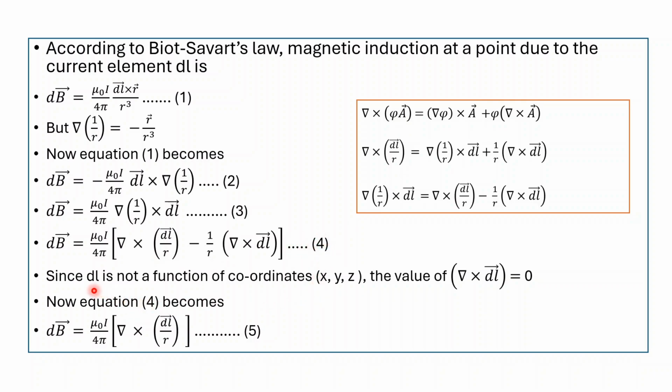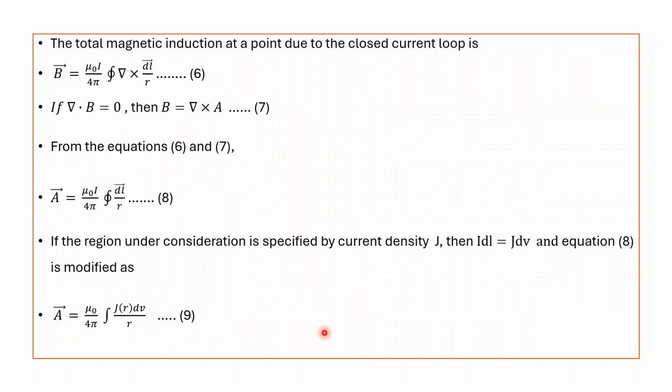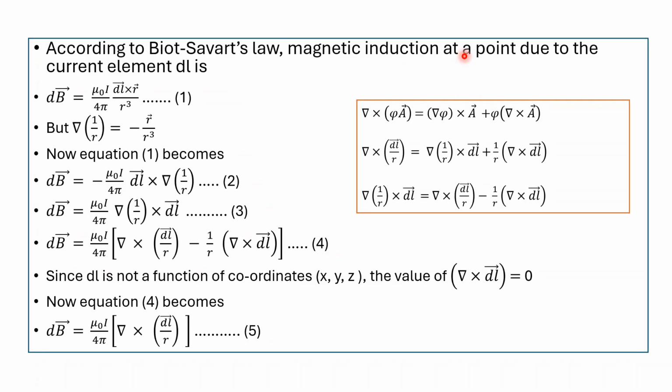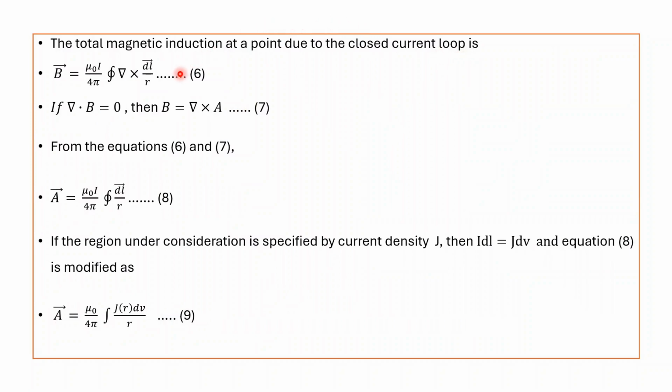We know that the current element is not a function of the coordinates x, y and z. Therefore, curl of dl vector is equal to 0. Now equation 4 takes the new form of equation 5. The total magnetic induction at a point due to the closed current loop, we just have to integrate equation 5, then we get this form.